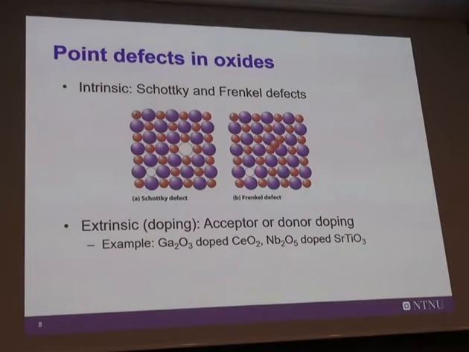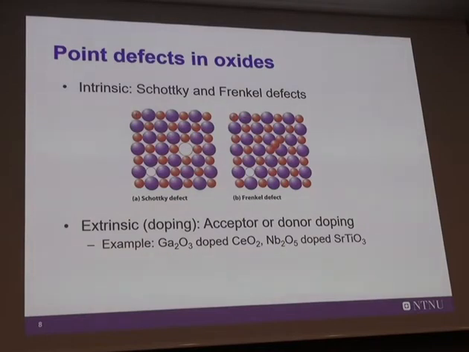So you can move the ion from here up to here. And the two together, that is the Frenkel defect, meaning that you have one vacant site and one interstitial site. And this can happen both on the anion and on the cation sublattice. But the problem here is that you cannot predict per se which of these will dominate in one specific system. This is something you have to investigate.